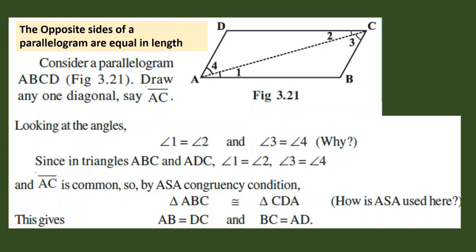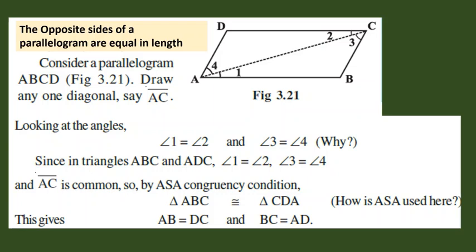Now, what congruency condition comes here? Two angles and the side between these two angles. Side AC, meaning the angles touching this particular line. That is AC. It is not a side, it is actually the diagonal of the parallelogram.